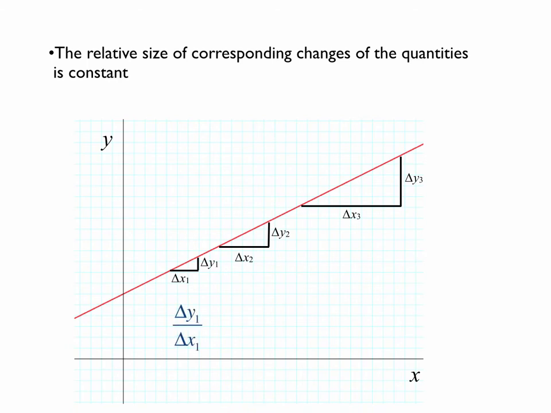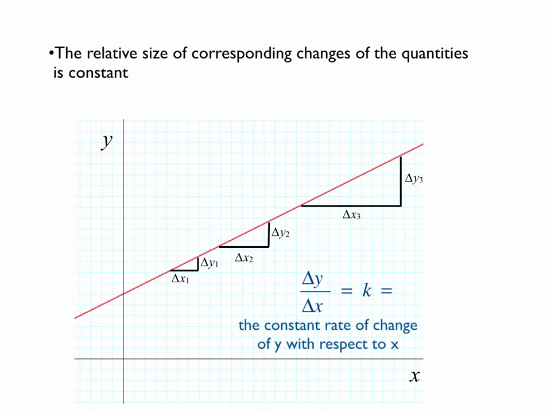The quotient of delta y1 to delta x1 should be the same as the quotient of delta y2 to delta x2, and so on. So for any change in y relative to a corresponding change in x, that relative size should be a constant, which we call k. And that is the constant rate of change of y with respect to x.